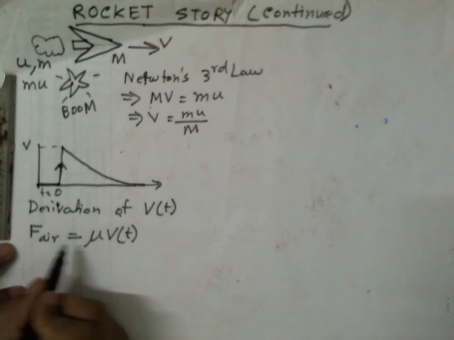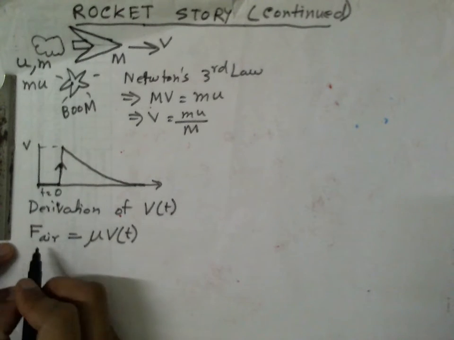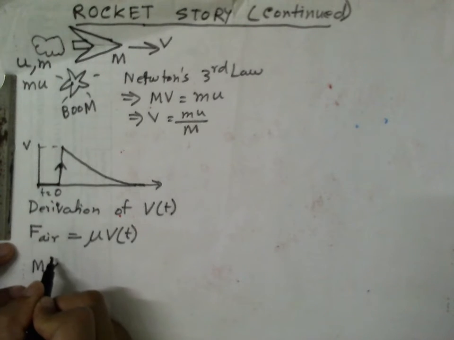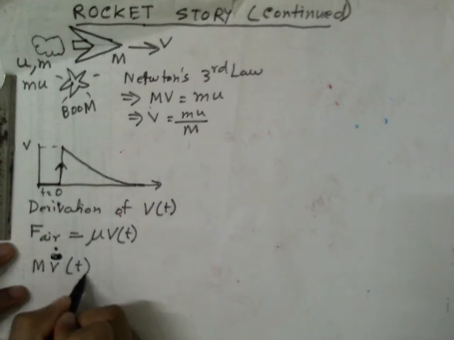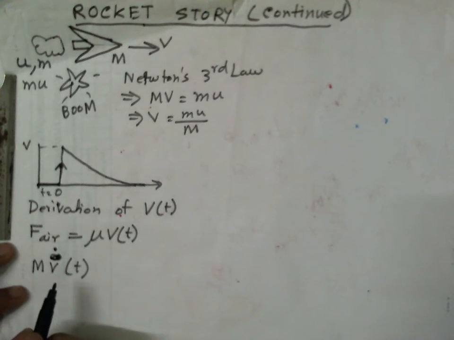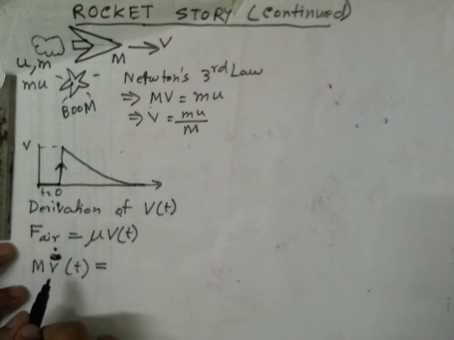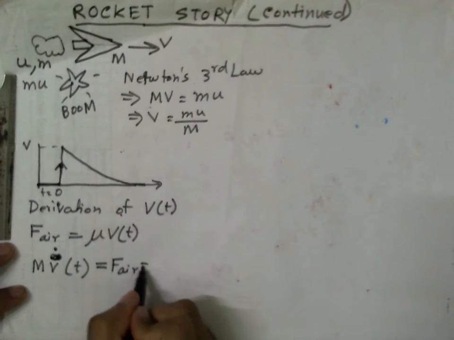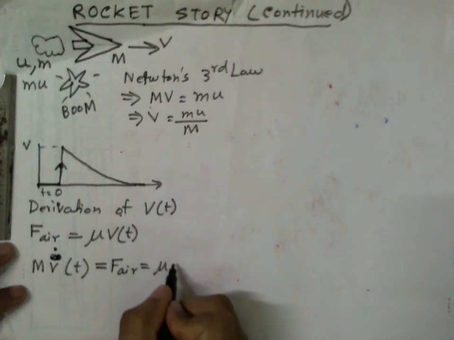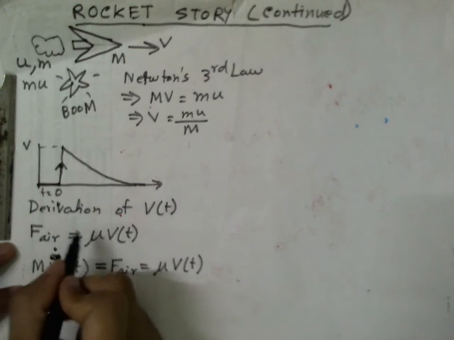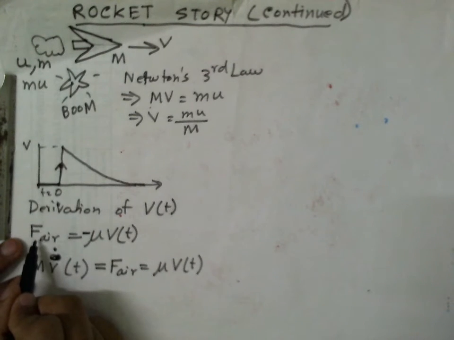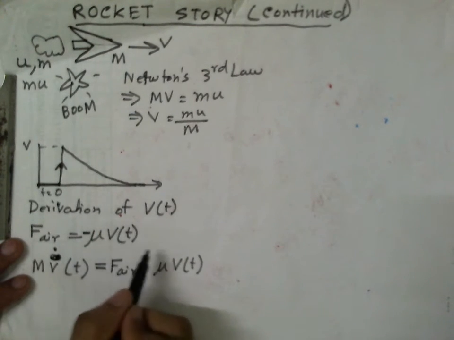This is the force opposing the motion, and therefore M times v dot t, which is the acceleration, should be equal to this force, mu times v(t). I should have a minus sign here to indicate that the force is in the direction opposite to the velocity.